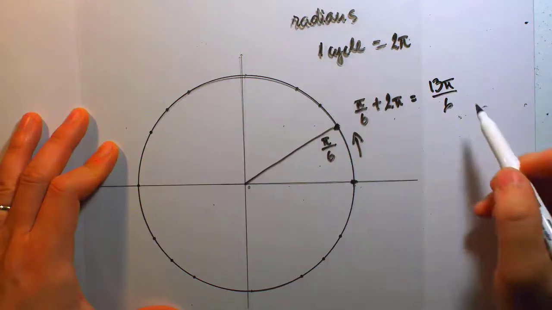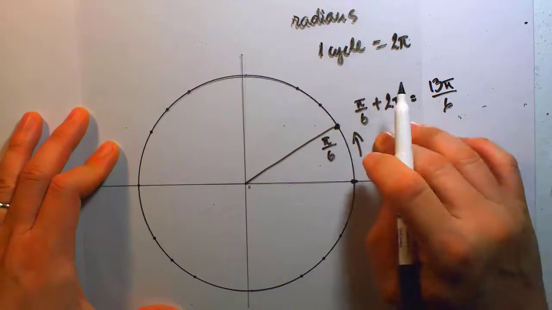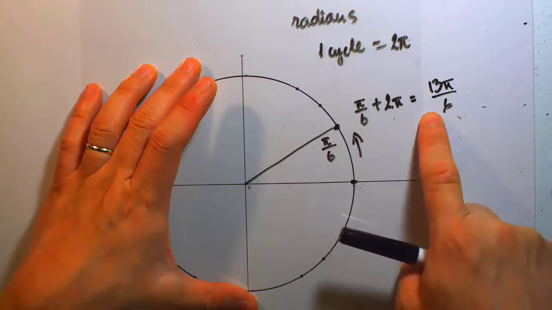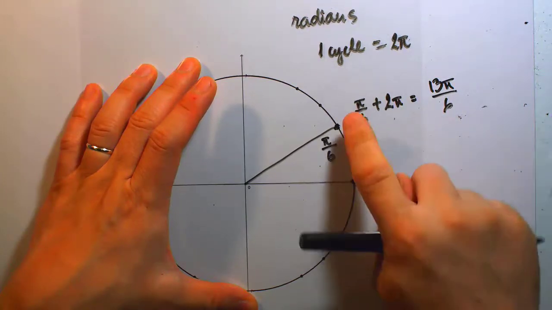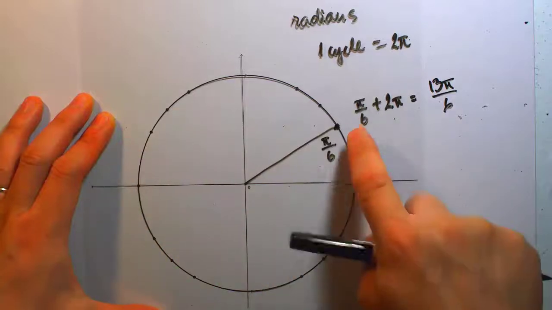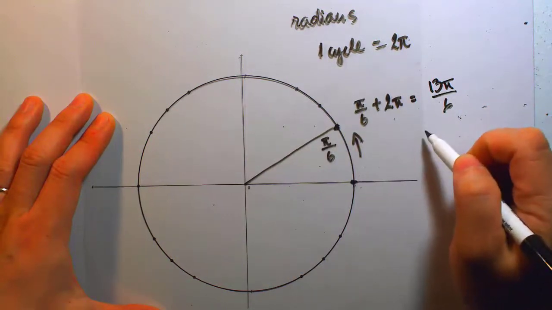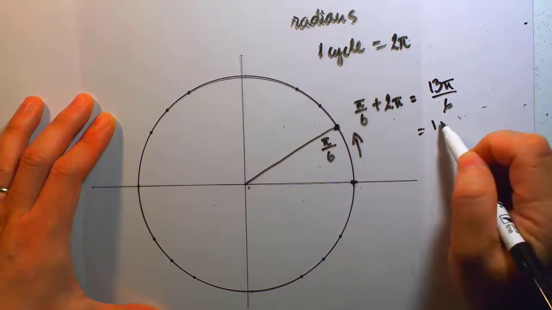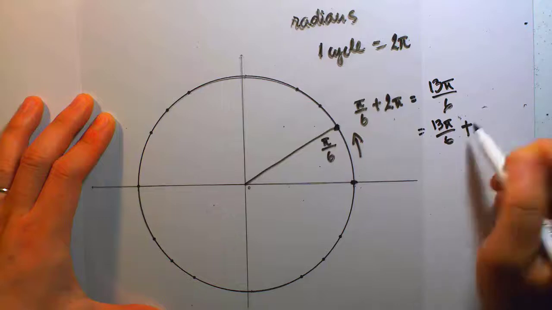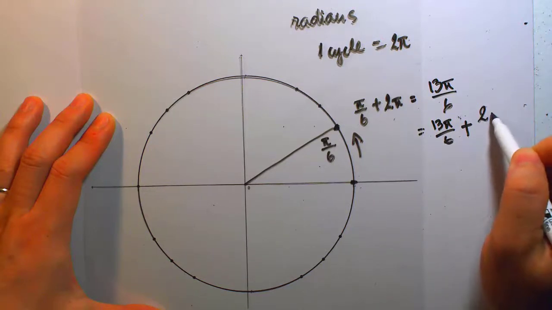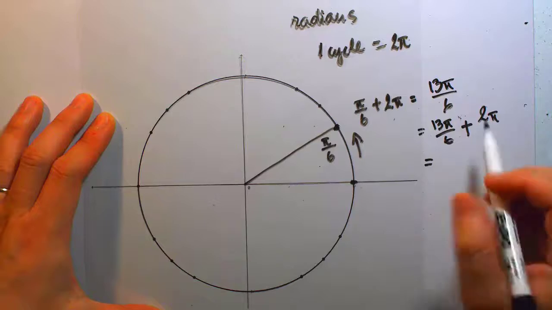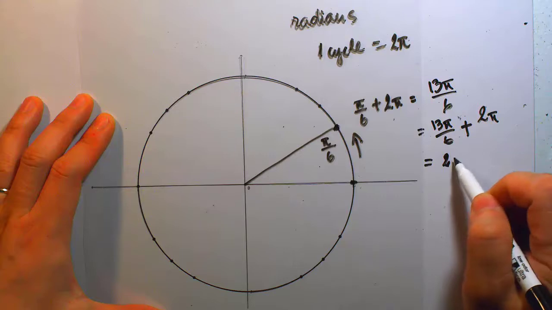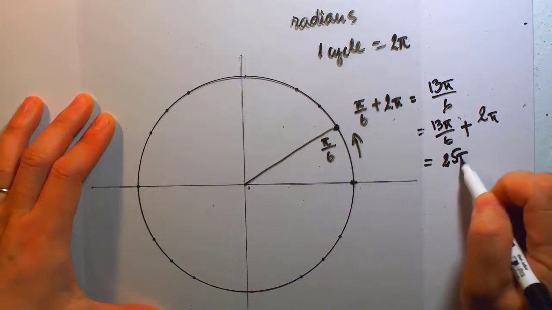Just like when we were working with degrees, the same point, being pi over 6 or 13 pi over 6, we can continue to make more rotations in a counterclockwise direction. Taking 13 pi over 6 and adding another 2 pi gives me 25 pi over 6.